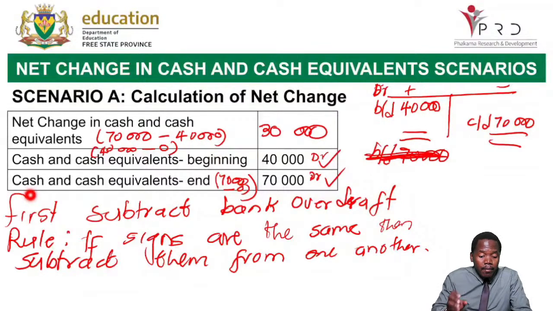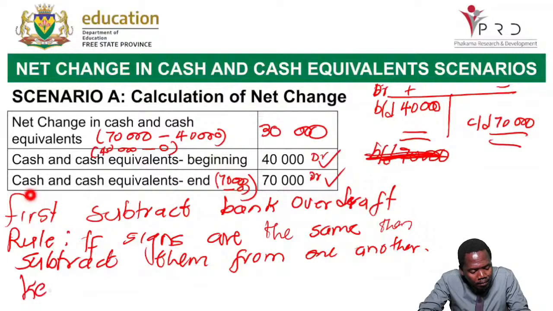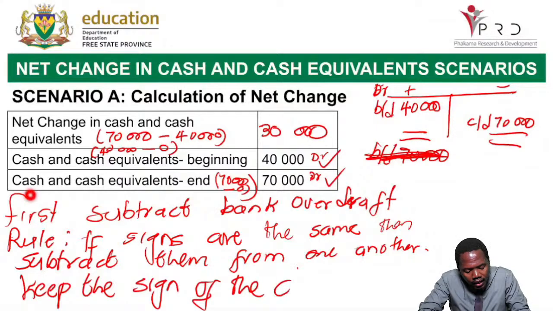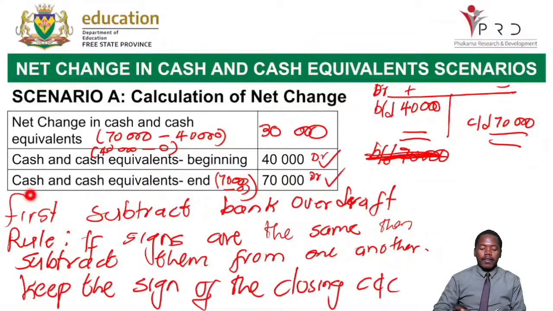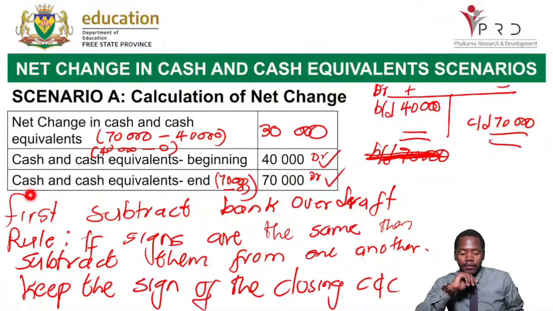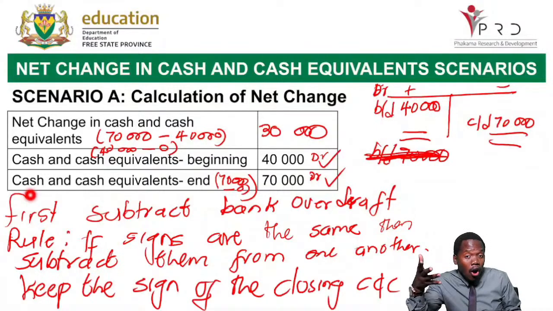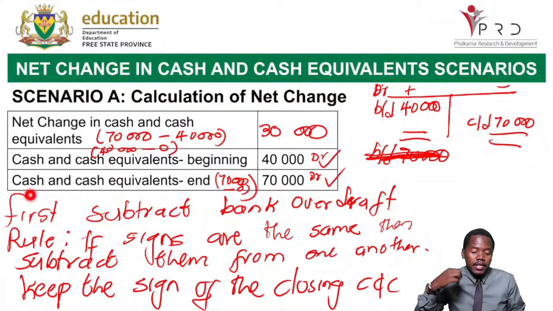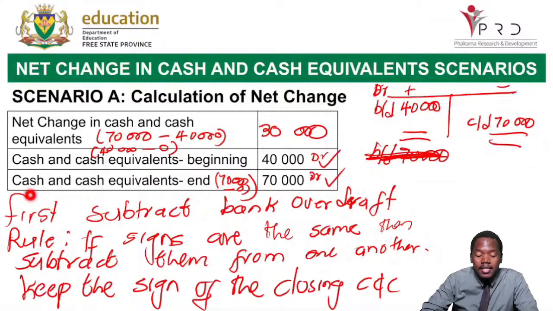You subtract them from one another, and then we keep the sign of the closing cash and cash equivalents. So it's 40,000 minus 70,000, or 70,000 minus 40,000. And then the answer will become a positive.